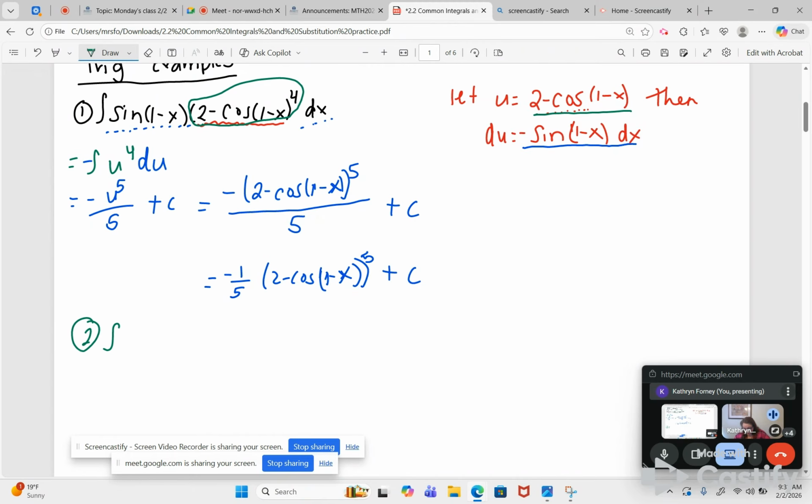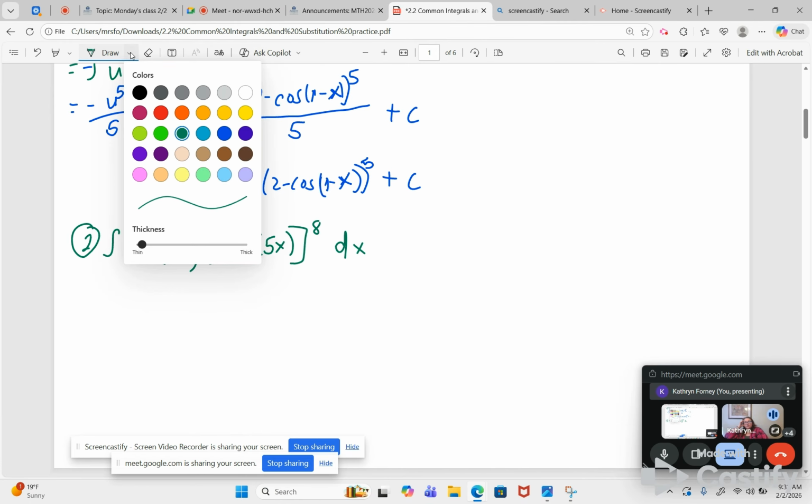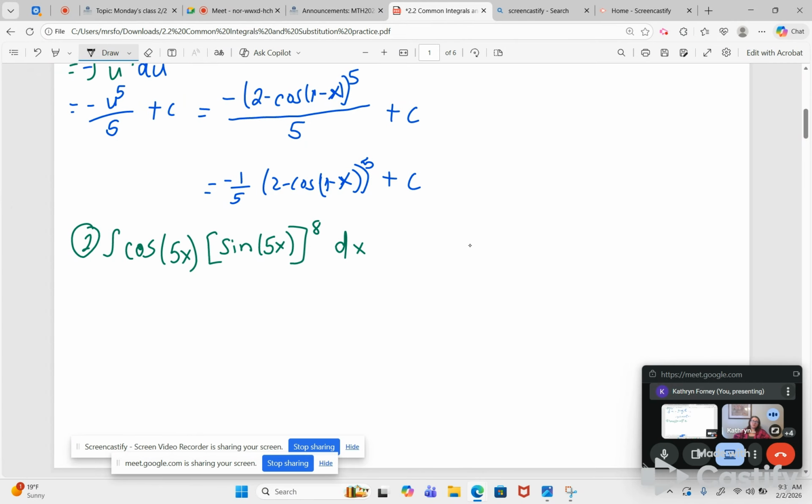So say we have, let's say, cosine of 5x times sine of 5x to the 8th dx. Okay, so we want to identify our u, our inside function.